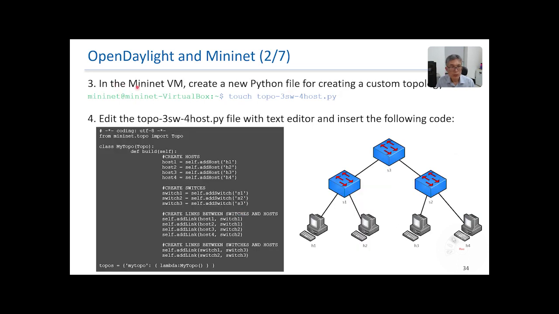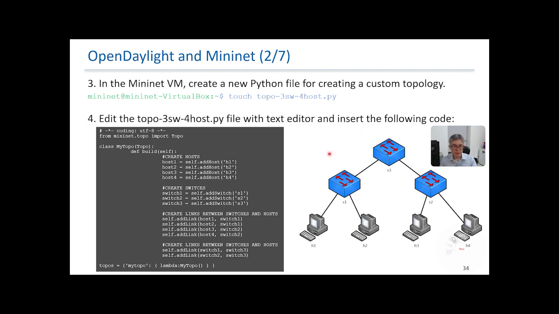And then in the Mininet virtual machine, create a new Python file for creating a custom topology. So touch this Python file, make a custom topology, and edit the topology file with a text editor, and insert the following code.